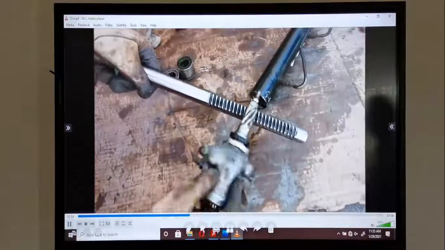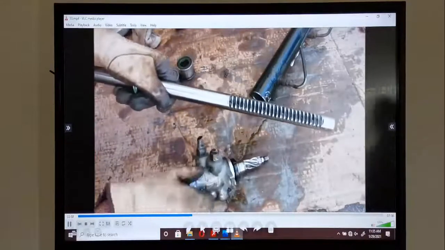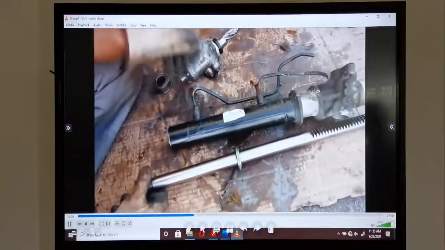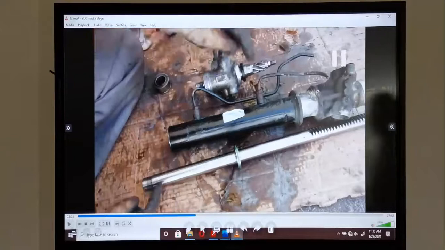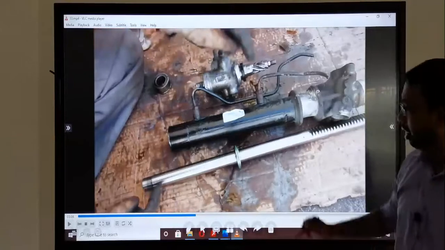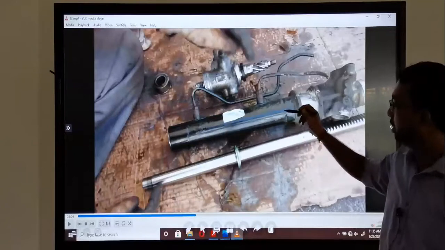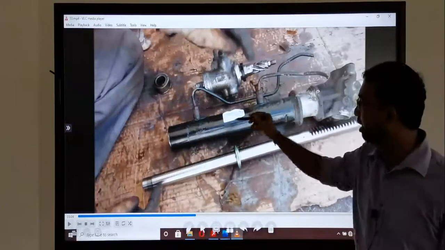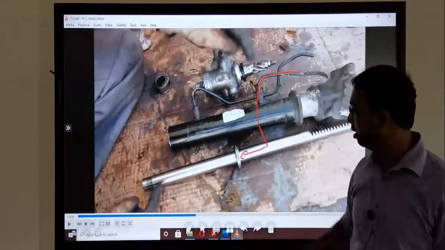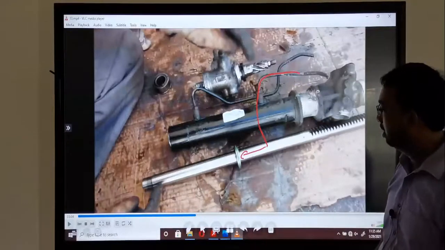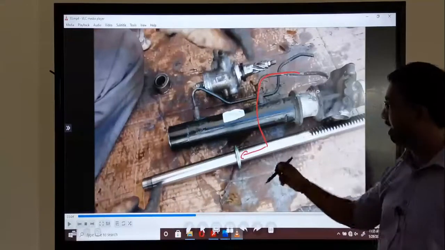Now he is showing how it works. Actually this is located inside this cylinder. So this is for the left line and right line. When oil comes to this line, it fills here and pushes this piston and the whole rack to this side.